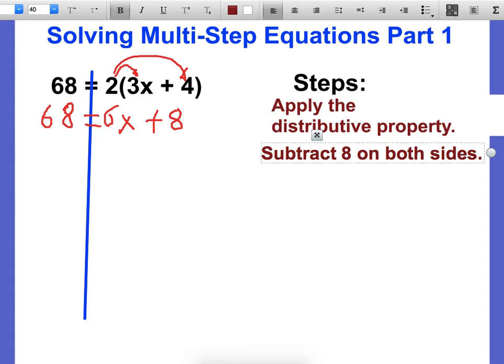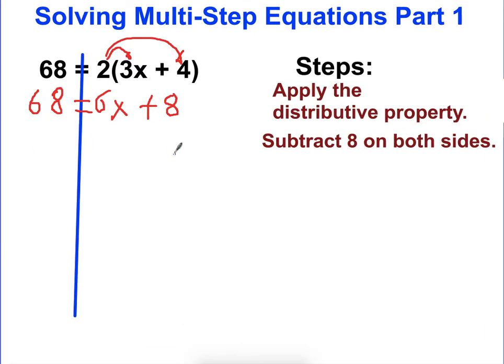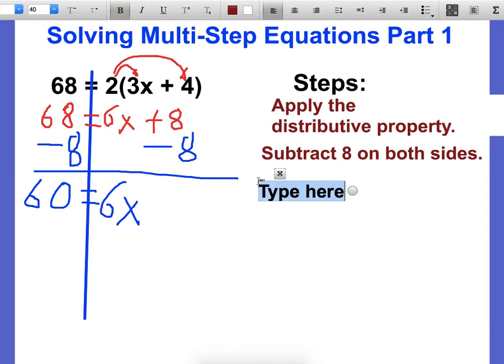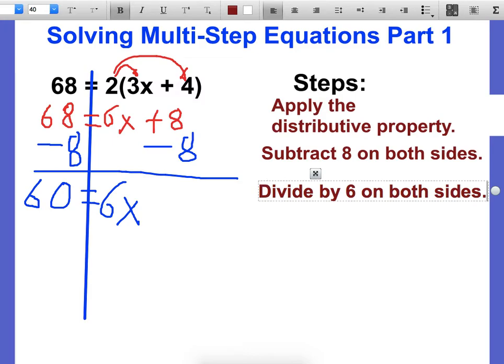So we can show our work for that. I'm going to do minus 8 here. And if I do that here, I have to do it on the other side the same way. So this is going to be 60 equals 6x. And then our final step is going to be divide by 6 on both sides.